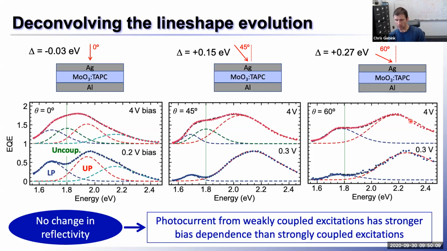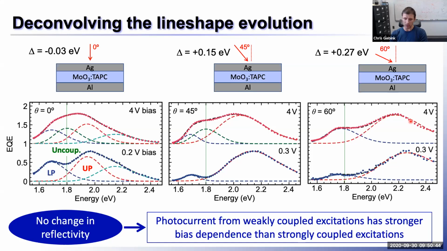When the polaritons decay into the dark states, we see the photocurrent contribution from them, but the polaritons that decay by charge transfer, which is a small fraction of them, we're going to see in the photoconductivity as well. So this is just because the dark states are essentially overlapping the line shape of the lower polariton at 60 degrees.